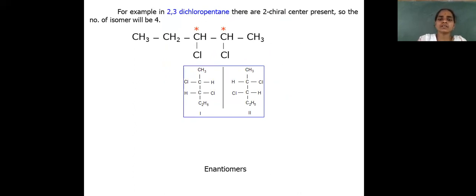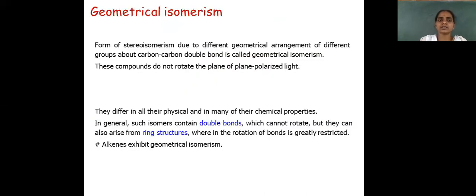That means they are non-superimposable and non-mirror images of each other. So those are some of the properties with the example.